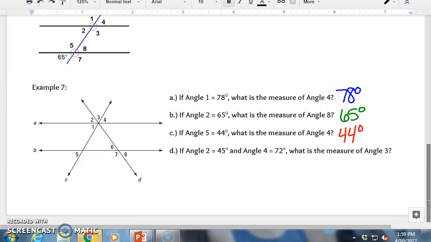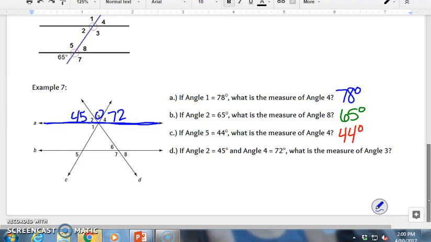And the last example, 7D, if angle 2 is 45 degrees and angle 4 is 72 degrees, then what is angle 3? Now guys, in this problem, none of these are the 4 types that we just went over, but all 3 of these together sit on that straight line on the same side.